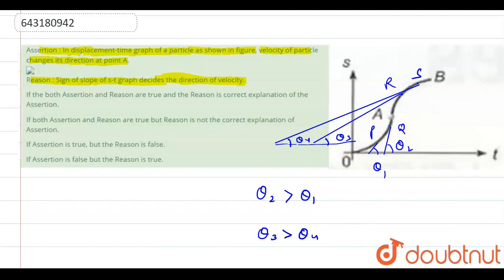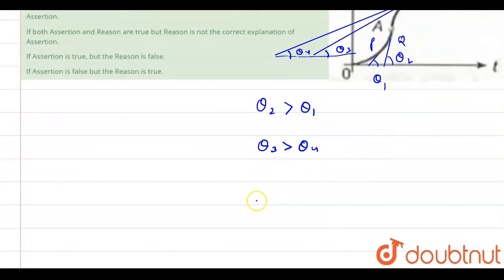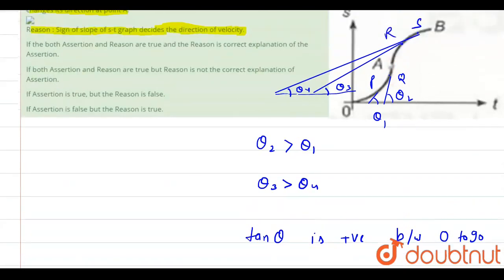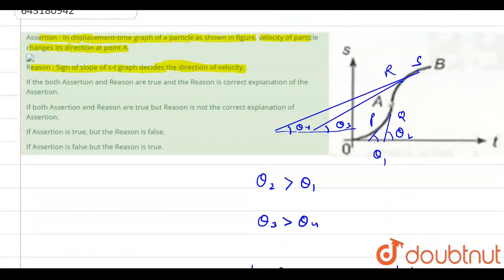Since they are making an acute angle, tan theta is positive between 0 to 90, and tan theta is the slope. Since the angle is acute, that means velocity is not negative throughout O to B.